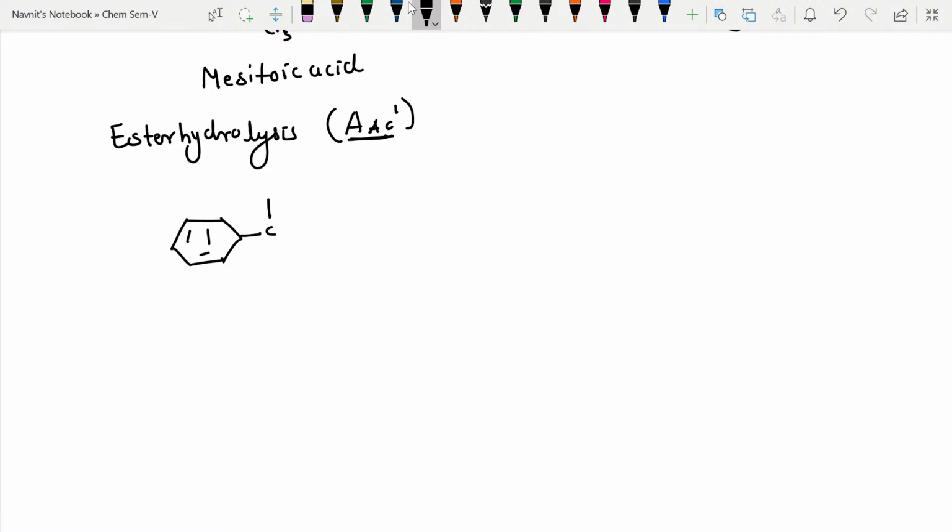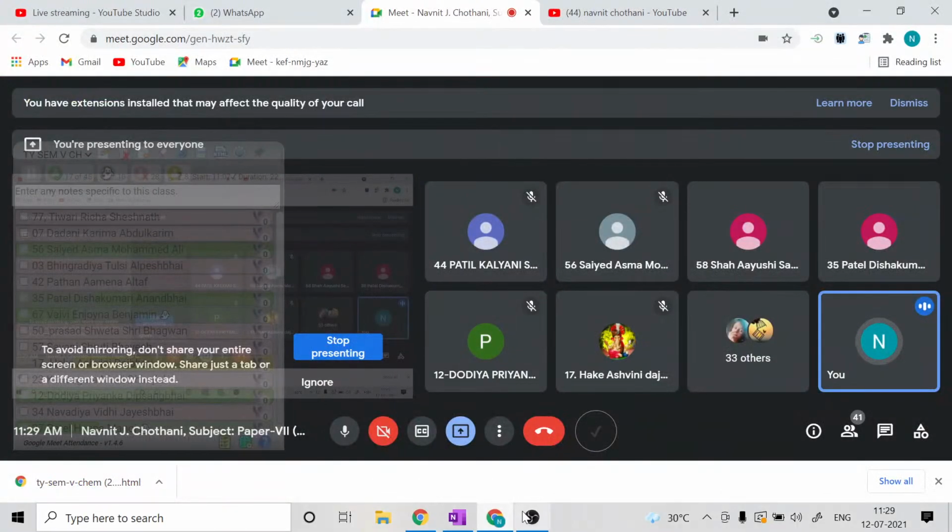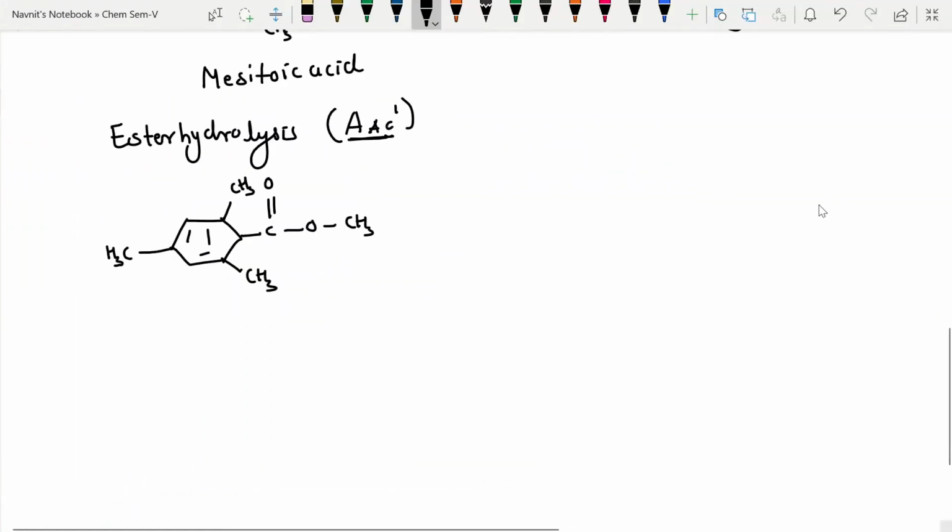So I'm talking about ester hydrolysis, that's why I use methyl mesitoate. We know that esterification or ester hydrolysis, both are reversible reactions. So this is acid catalyzed.